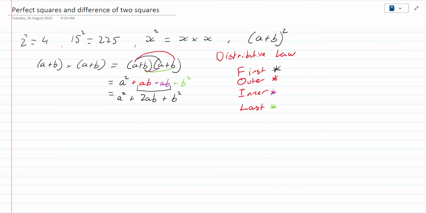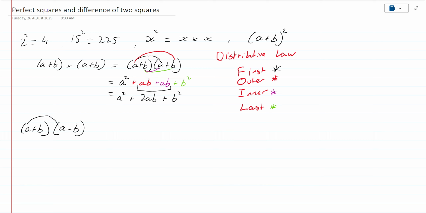Now the difference of two squares is when we have a set of brackets with a subtraction in it. So we're taking the difference of the squares. And so in this example, instead of having terms to collect and add as like, our like terms will be subtracting each other.